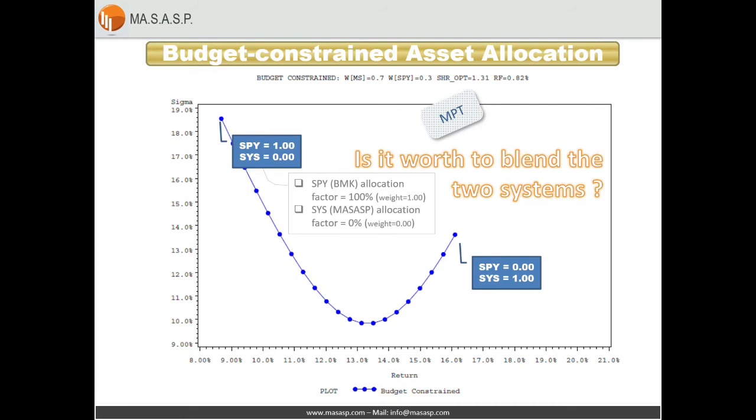At the beginning of this curve, on the left side, we have the portfolio characterized by all funds allocated on the benchmark, whereas at the opposite end, on the right side, we have the portfolio characterized by all funds allocated on the MASASP system combination, which dominates the benchmark.